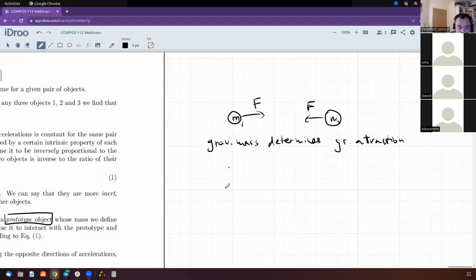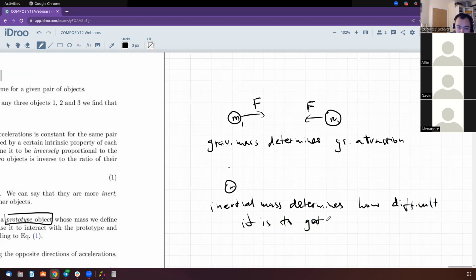Now, inertial mass determines how difficult it is to get something to move. If that makes sense.